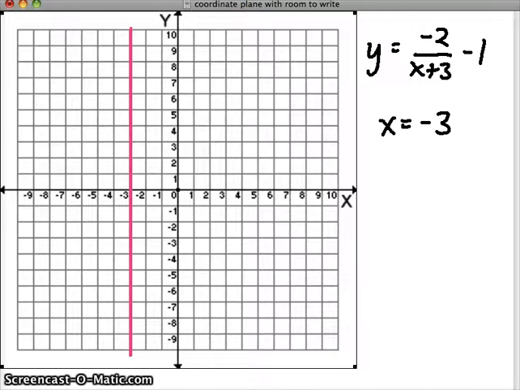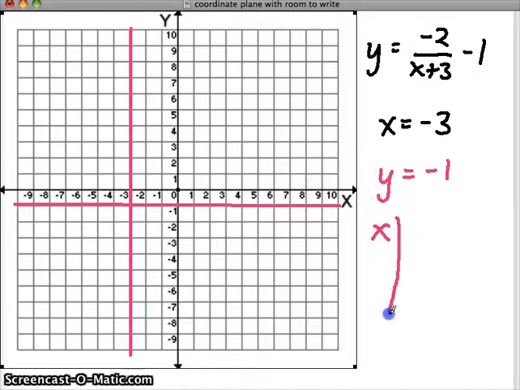It's always nice to either use a crayon or a marker to mark it on your graph, just so that you're aware that you don't want to touch that line. And the more colorful you make it, the more obvious it is, and the better it helps you when you're graphing. So our graph will not touch this line. What was our other one? Our y equals negative 1. So at y equals negative 1, that will be another asymptote. We'll see what happens when we actually graph this function.